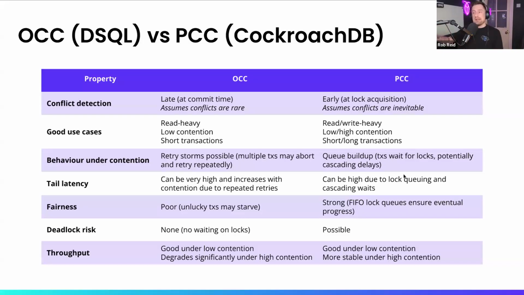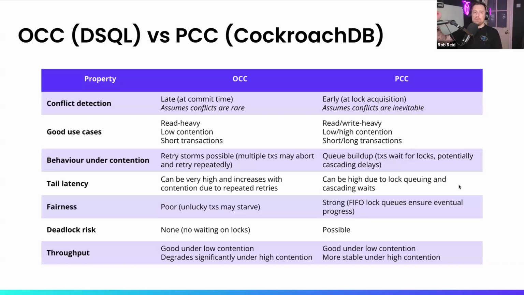And potentially you get cascading delays from there. But not in terms of latency. So tail latency in an OCC system could be very high, and it will increase as contention increases. And that's an artifact of the repeated retries that are happening. In PCC, tail latency can be higher because of lock queuing and cascading waits, but generally speaking, PCC will offer more reliable tail latencies.